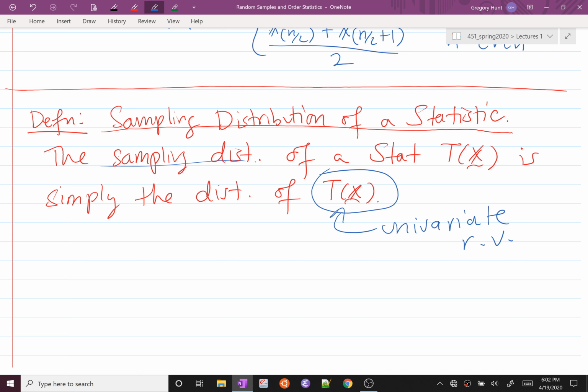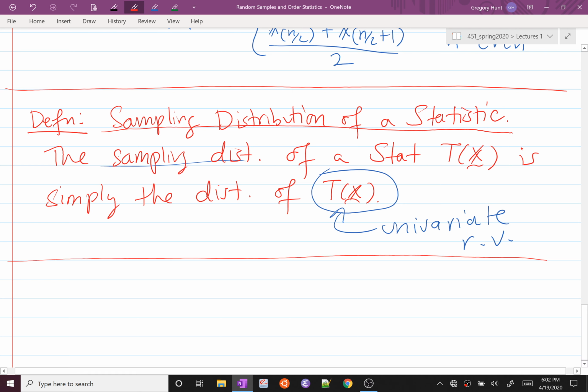The idea in statistics is to study all these properties. What are the properties of a statistic depending on what the underlying distribution is? How do I find good statistics? How do I evaluate statistics? What are the asymptotic properties of these things as the sample size grows large? These are the things statisticians worry about.